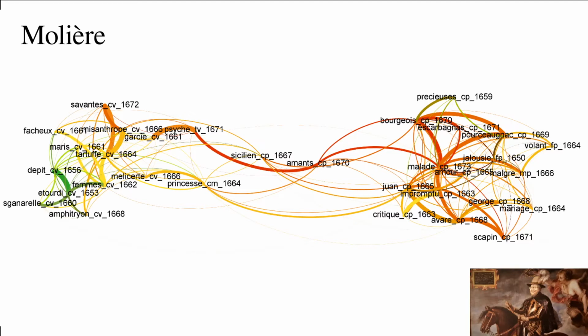However, this diagram is even more interesting, perhaps even more surprising, because the division into two main communities is: plays written in verse are on the left, plays written in prose are on the right, and to add insult to injury, the two plays that are in the middle are written half in prose, half in verse.